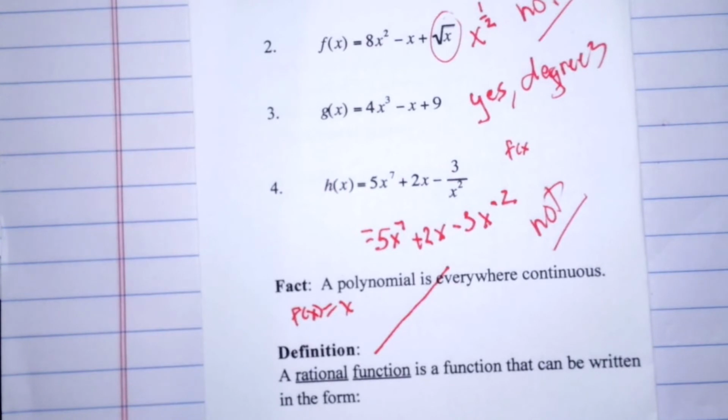Now, any power of x is just going to be, well, for instance, x squared is x times x. Well, remember that if you multiply a continuous function by another continuous function, the result is continuous. So x squared is continuous. Now you can multiply that by x and get x cubed. That's continuous.